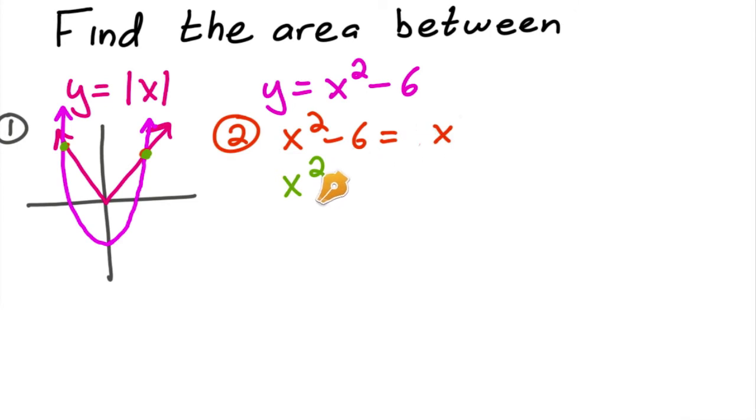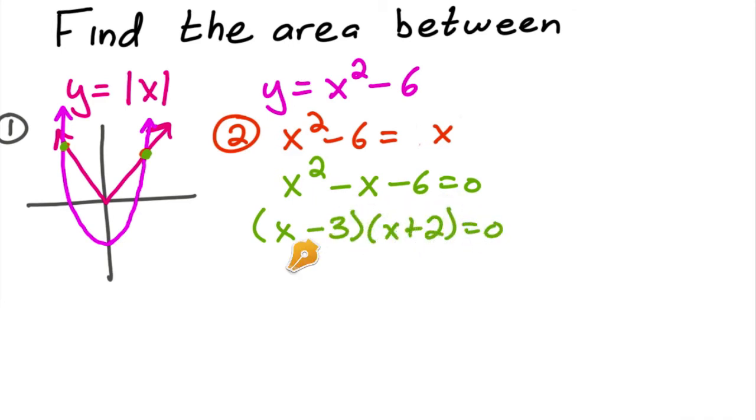So bring over the x, I get x squared minus x minus 6 equals 0. And so then that gives me x minus 3, x plus 2 equals 0. So I get x is equal to 3 and negative 2. Now there's a bit of a danger here, because notice you get two values, but these negative 2 and 3, that's not what these two values are.